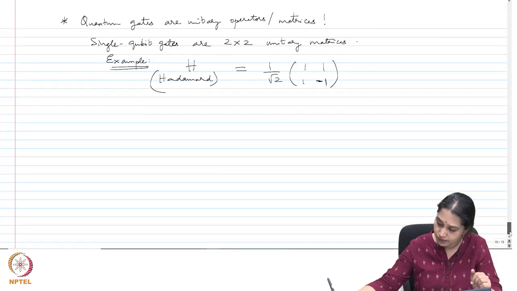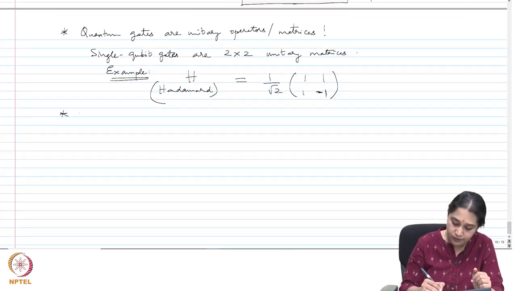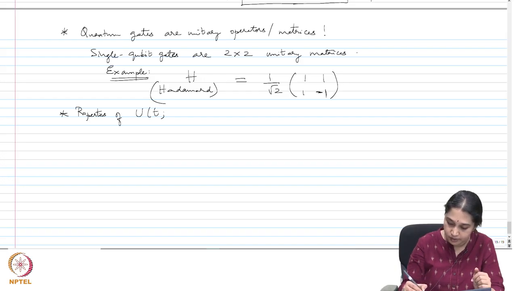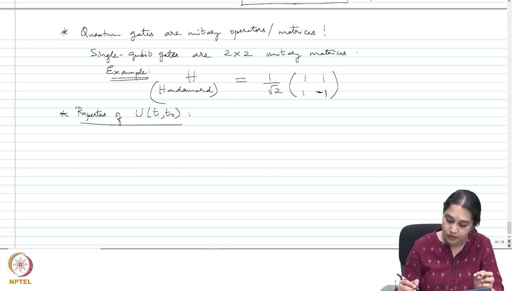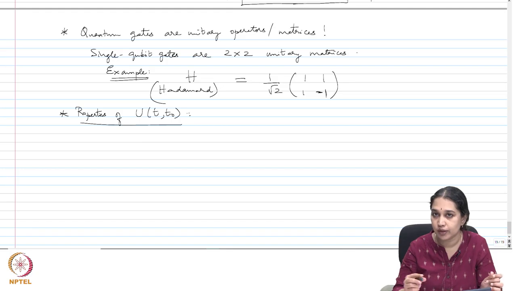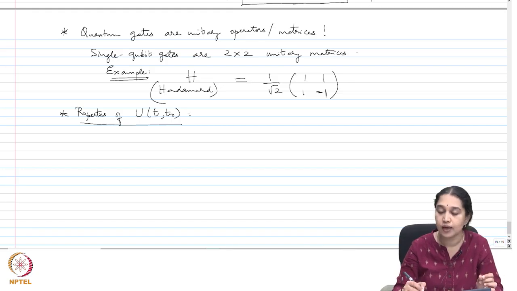Okay, I just want to finally conclude by observing some properties of this unitary time evolution transformation. So this was just one time evolution, right? One step, let's say from T0 to T. What happens if I want to evolve from T0 to T1 and then T1 to T2?